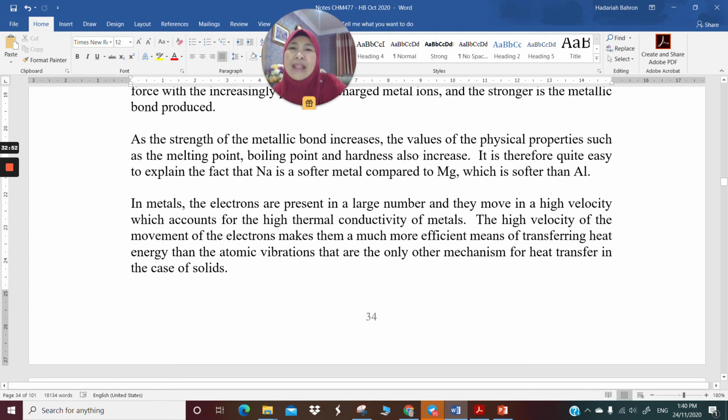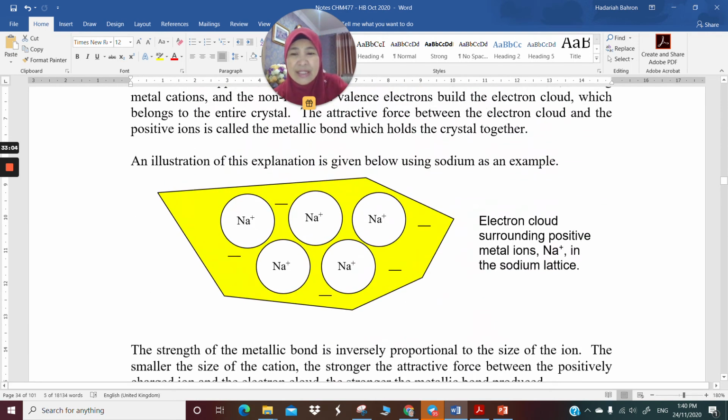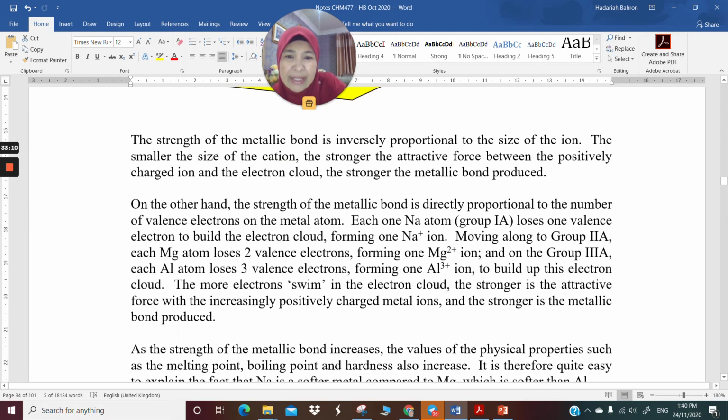In metals, the electrons are present in large number, and they move at high velocity, which accounts for the high thermal conductivity of the metal. As you can see here, the electrons do move. They do not stay in one place.